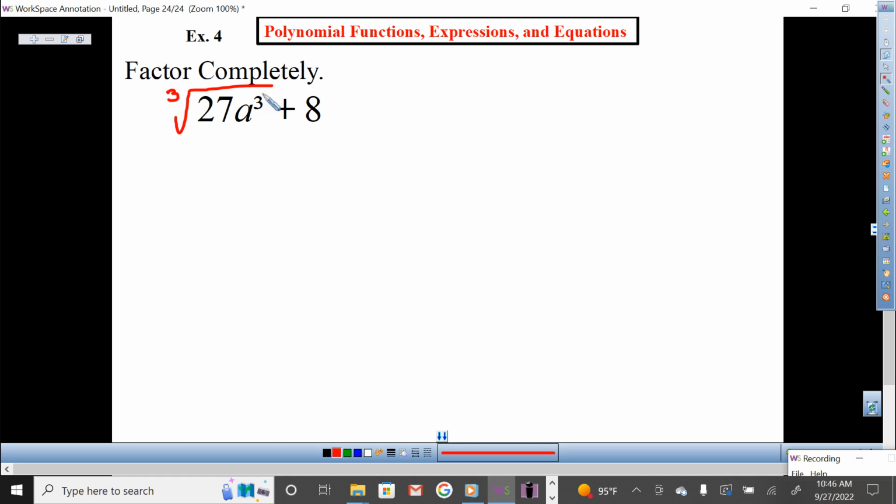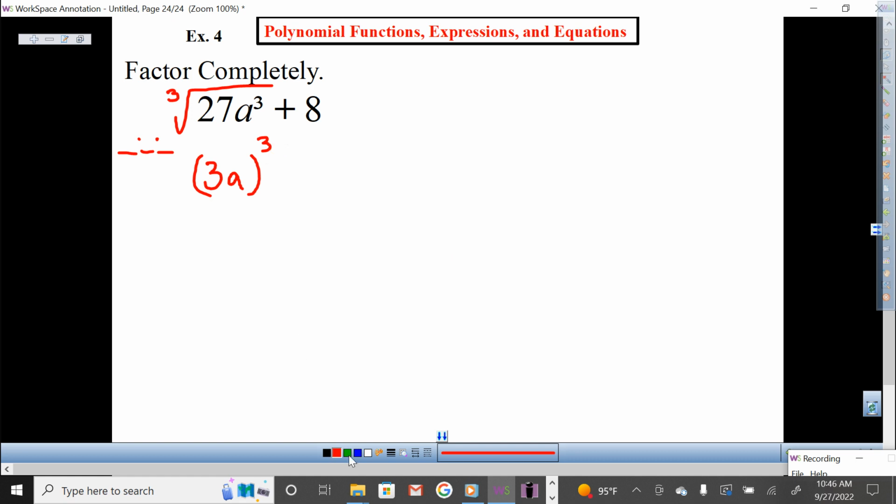How do we rewrite that, Ayalani? Parentheses what? What number times itself 3 times gave us 27? 3, and what number times itself gives us a cubed? A, so this can be written as 3a to the 3rd power.